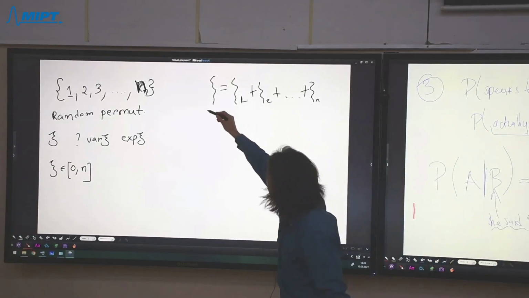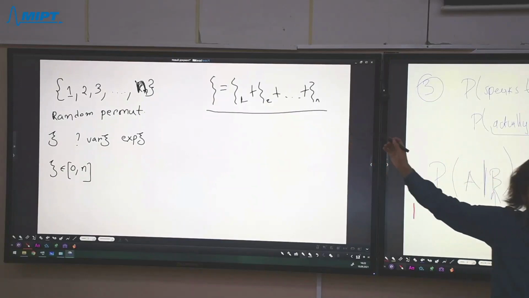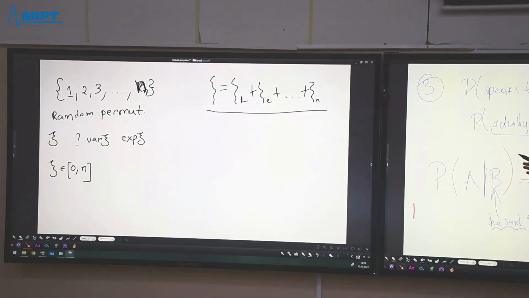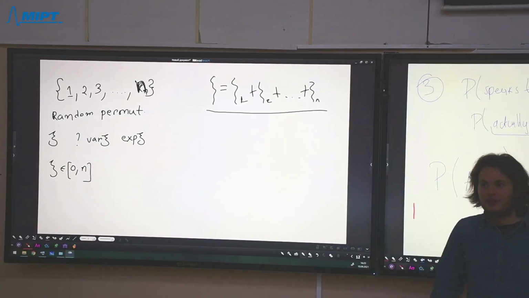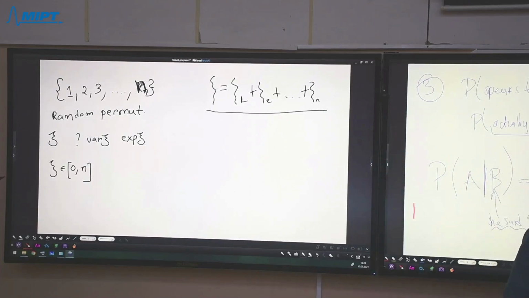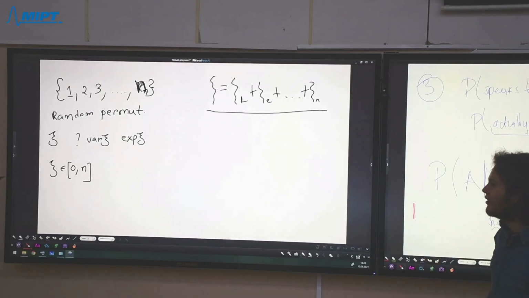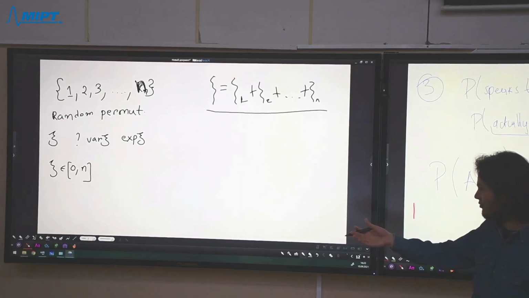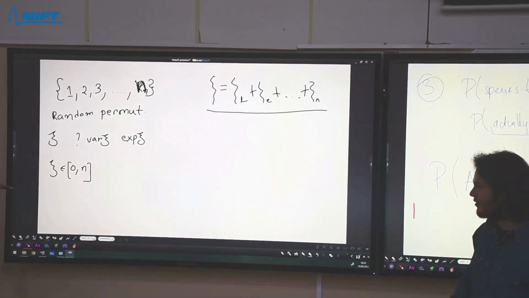Who can tell me? We did this many times previous semester, that's for sure. So, yes, indicator random variable. What is the meaning of that? Is that 1 or 0? In which case we have 1 for this one, for example. Yes, exactly. Well, 1 if they remain in their place, right?